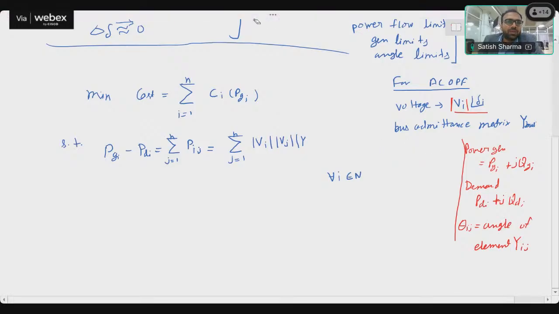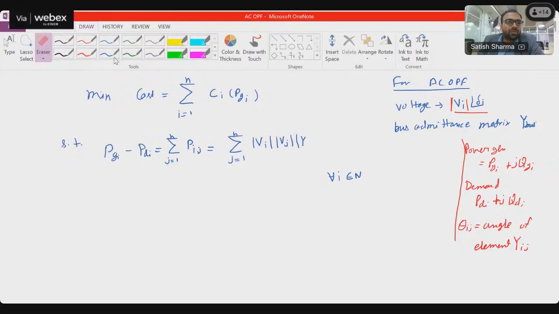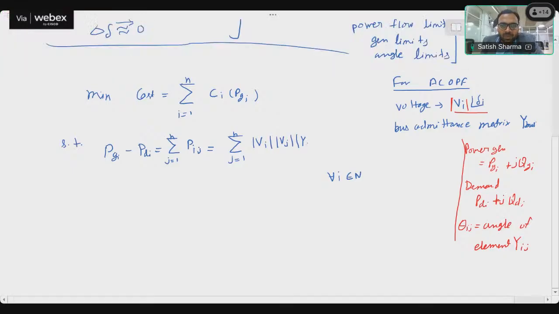So it is basically Yij mod cos of theta ij minus delta i plus delta j. This formula is already known to us: this is the active power flow between bus i and j. We are going to write this down for i equals 1 to n.